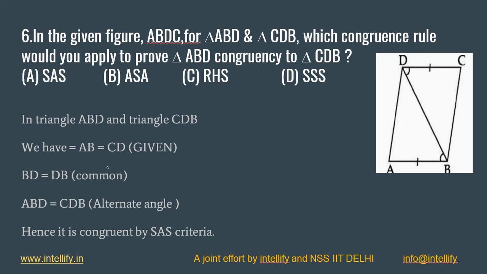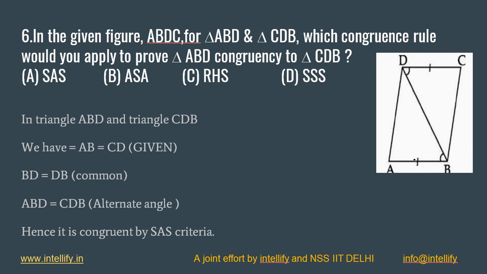BD is equal to DB which is common to both the triangles. And now we will look at angle ABD and CDB. So since AB and DC are parallel, by alternate angles, angle ABD and CDB are alternate angles, they will be equal.